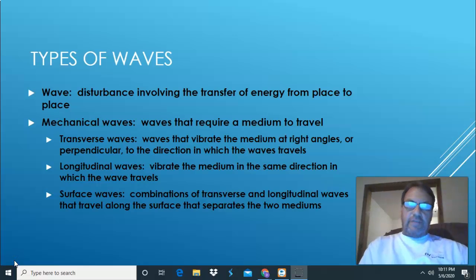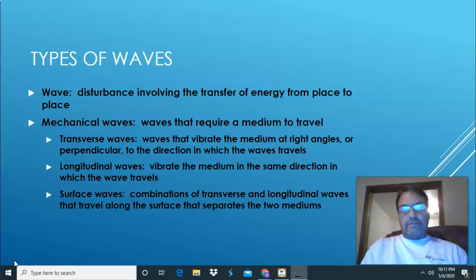Okay, the next two things that we are going to compare and contrast, or to see how they are alike or how they are different, are mechanical waves and electromagnetic waves. So let's look at the definitions of each. Mechanical waves are waves that require a medium to travel.